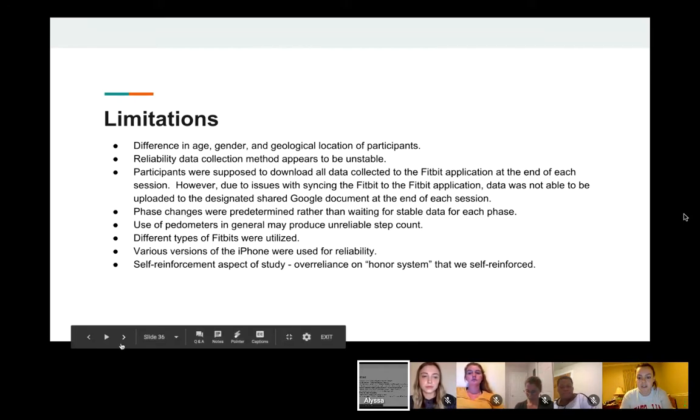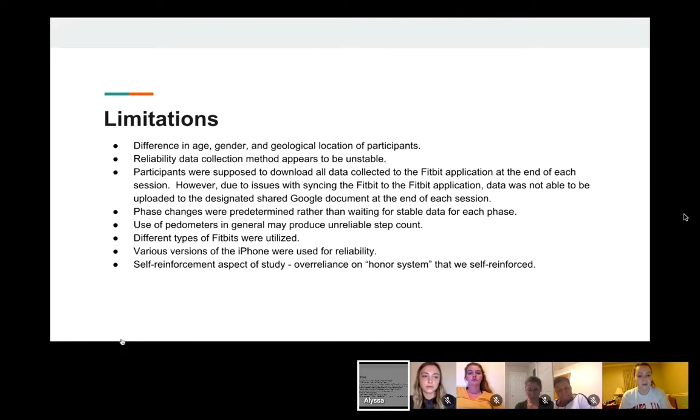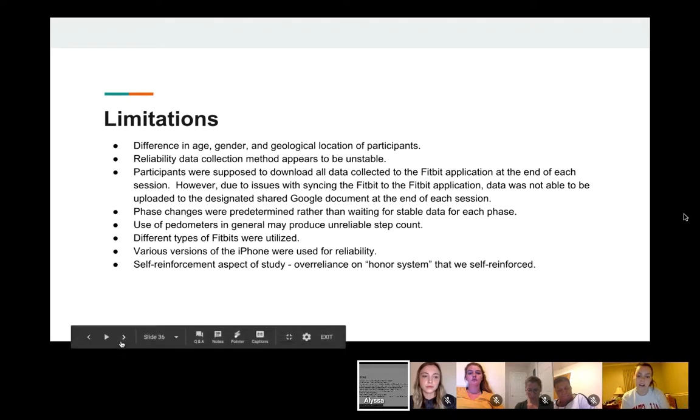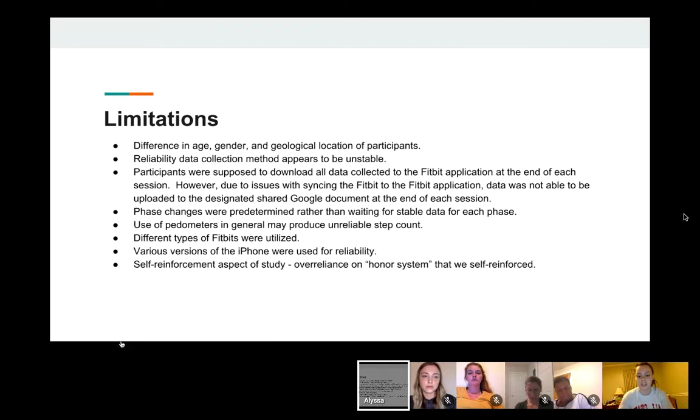Another limitation: the participants were supposed to download all the data collected to the Fitbit application at the end of each session. But like we said before, there were issues syncing the Fitbit to the Fitbit application, so the data was not able to be uploaded to the designated Google Doc at the end of each session, which was unfortunate. In addition, the phase changes were predetermined rather than waiting for stable data after each phase.